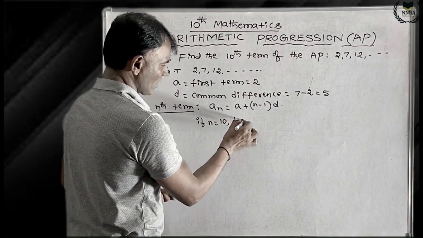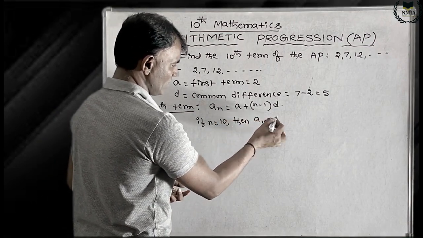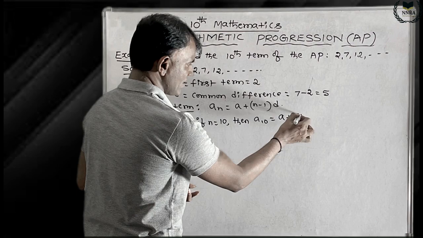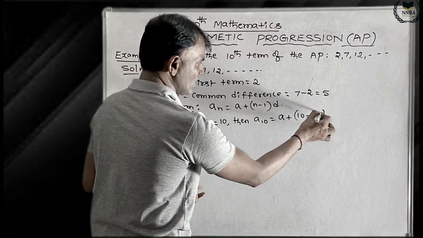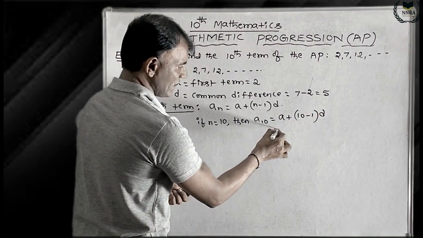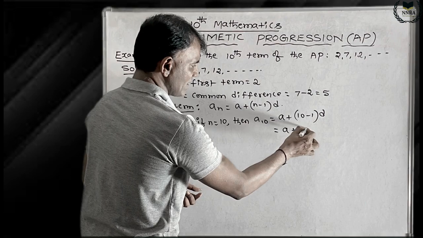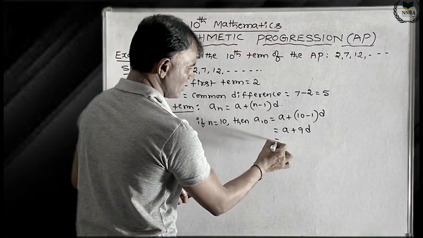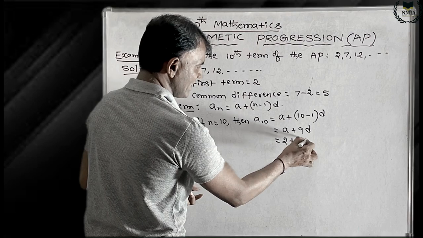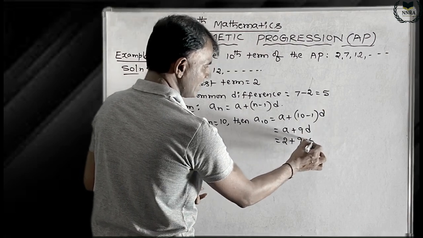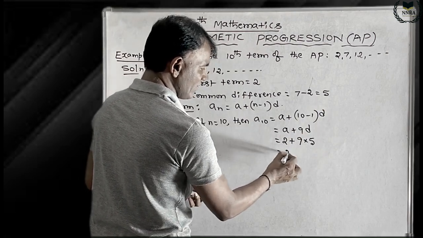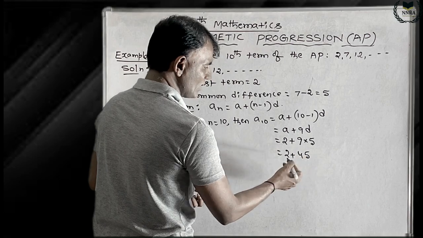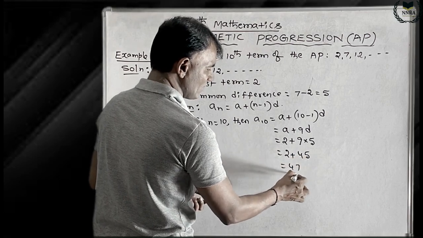Then a10 equals a plus (10 minus 1) into d, so that can be written as a plus 9 into d. But what is the value of a? a equals 2, plus 9 into d, and the d value is 5. So 9 into 5 is 45. So 2 plus 45 is equal to 47.